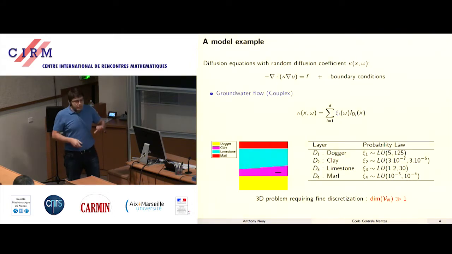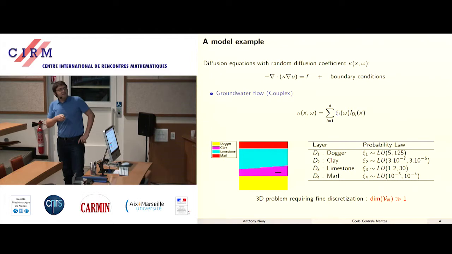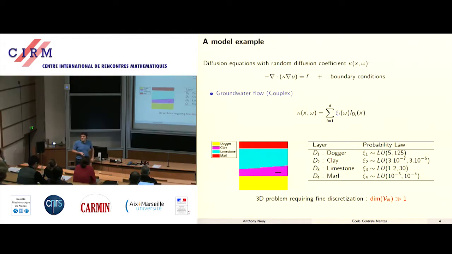So in order to fix the ideas, I take a very simple model example, which is a diffusion equation where the uncertainties are on the diffusion coefficient. The uncertainty can be given under this form. For example, here you have a typical example in the MOMAS group.